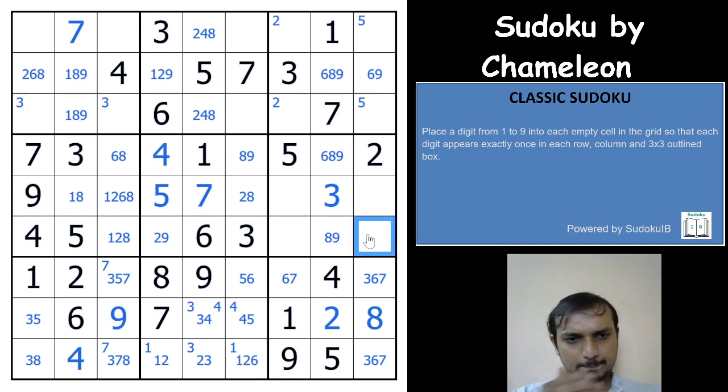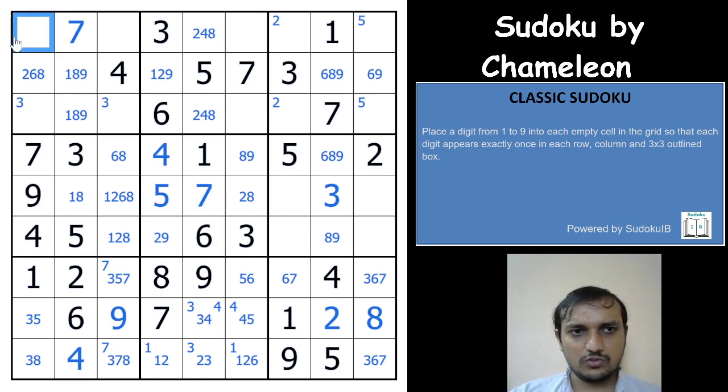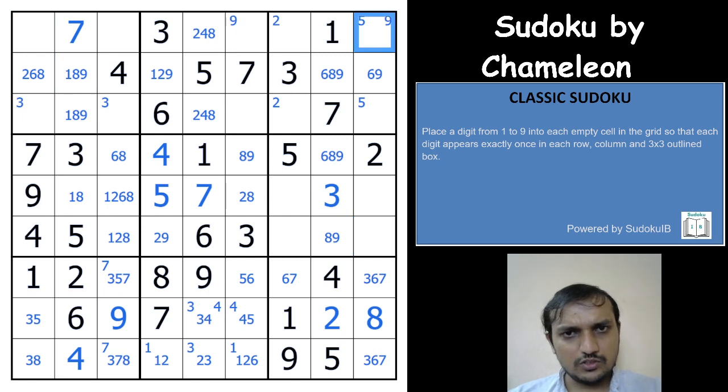Okay, 9 is here, so 9 cannot be in any of these two cells. 9 is in one of these two cells.